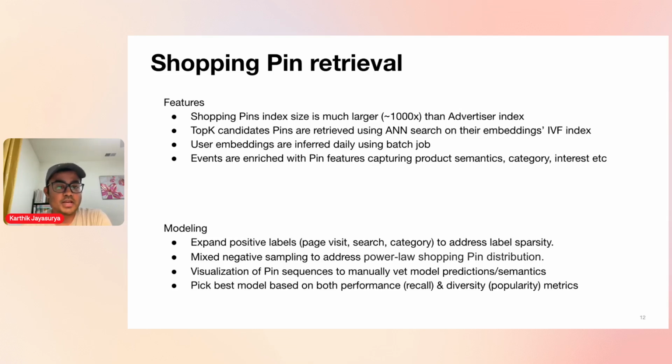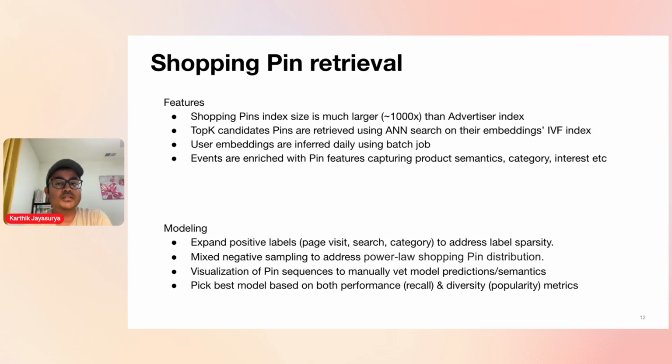Given this scale, instead of relying on an exact nearest neighbor approach, we leverage an approximate nearest neighbor approach, where we first compute pin embeddings, and then compute an IVF index on top of the pin embeddings.